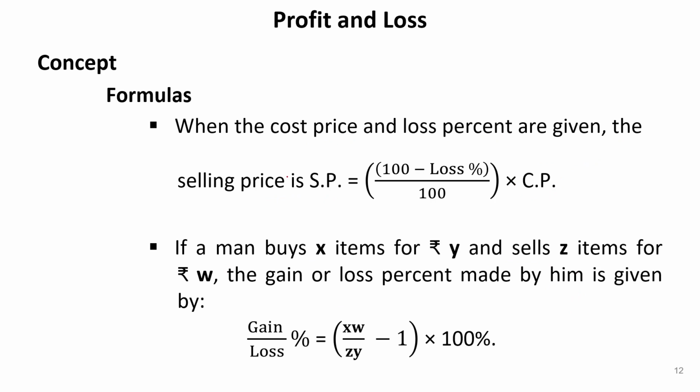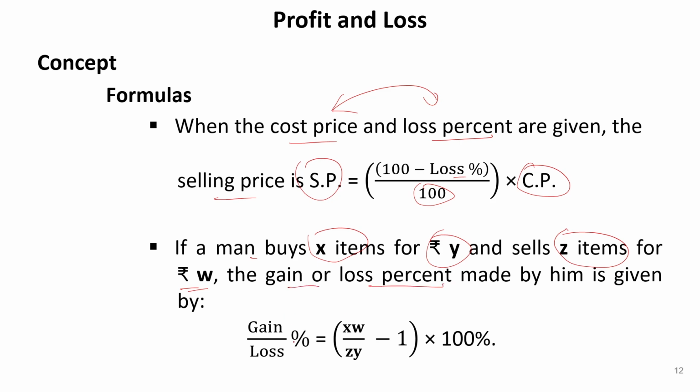Okay. So let's see the next formula. If a man buys X items for Y rupees and sells Z items for W rupees, then the gain or loss percentage made by him is given by gain or loss percentage is equal to (XW by ZY minus 1) into 100%.